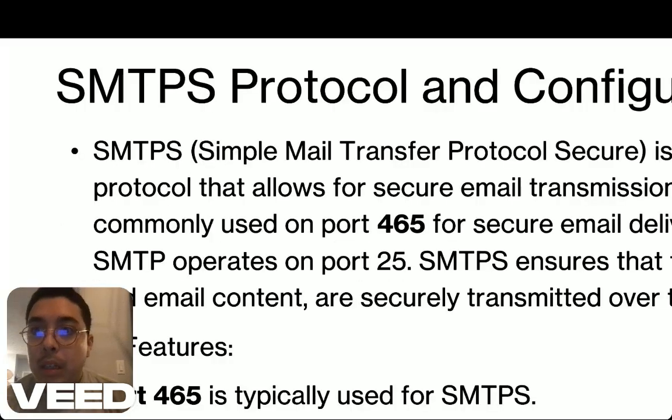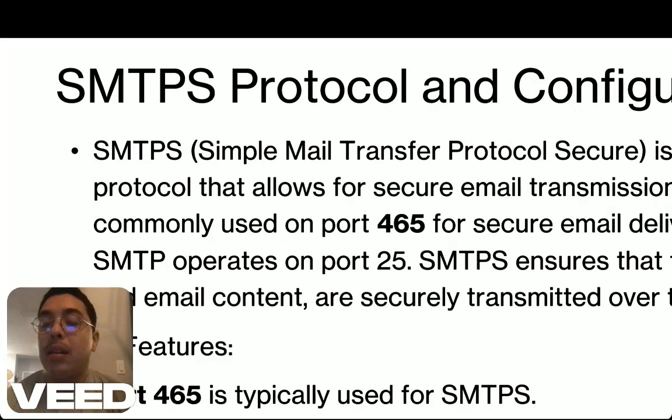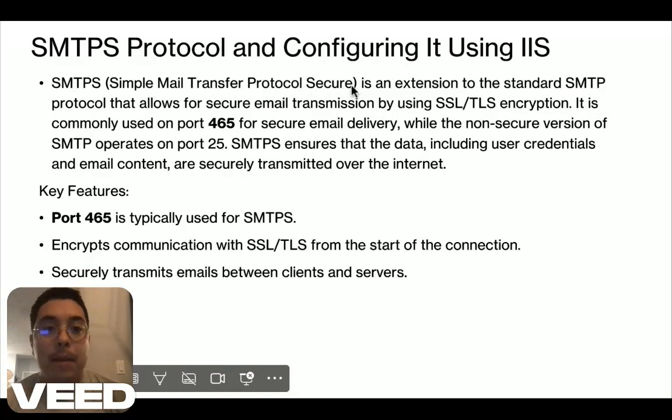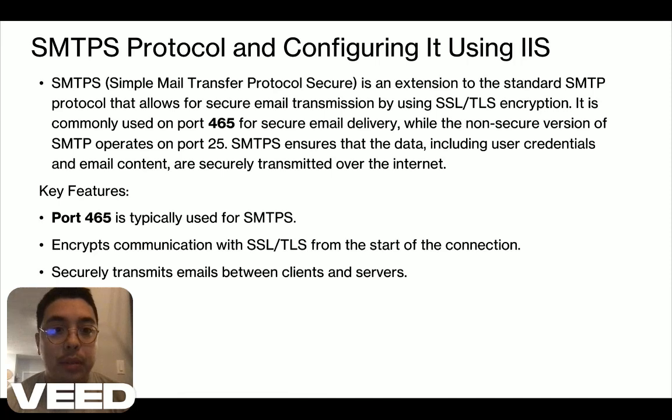Next, we're going to move into another one called the SMTPS protocol, and we're going to overview it. SMTPS is a secure version of SMTP. This uses port 465 with SSL/TLS.